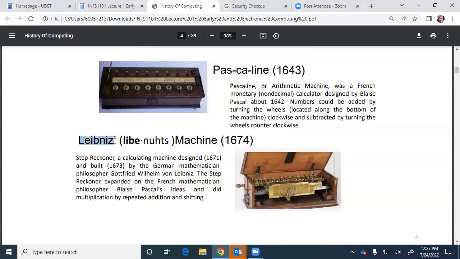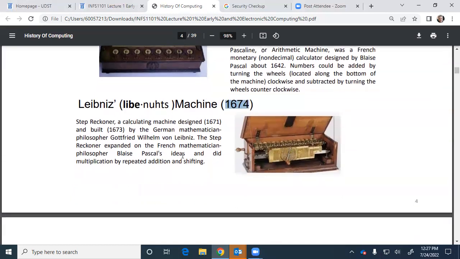Leibniz, on the other hand, was a German fellow. I don't know if any of you have heard of Leibniz before. What I know about Leibniz is that both Leibniz and Pascal were mathematics people. Pascal was famous for some other things as well, but they're both famous for their mathematics.